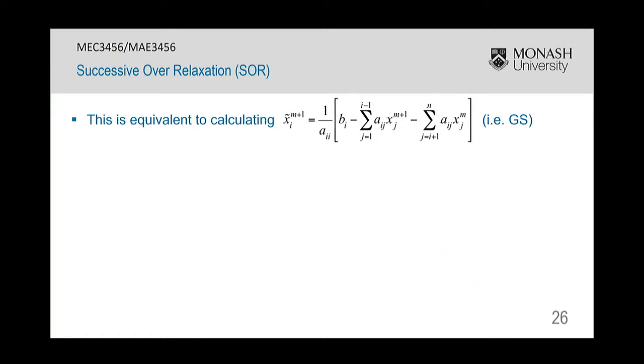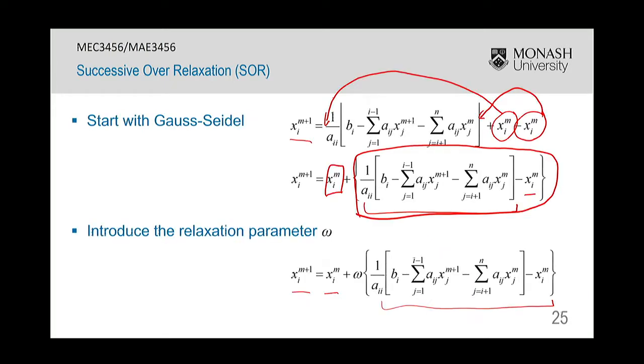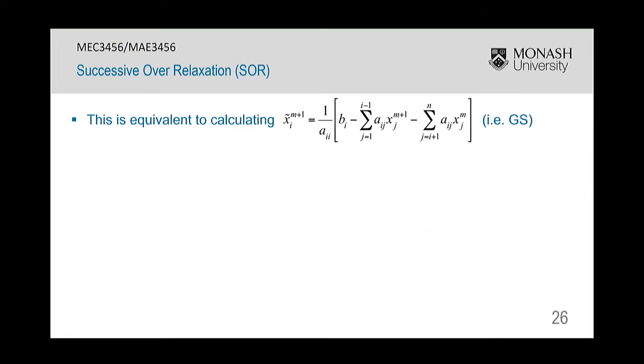Okay, so this expression that we've got here at the bottom of the page is equivalent to the following. It's equivalent to calculating the Gauss-Seidel iteration. I'm just going to call the Gauss-Seidel iteration, for the purposes of this small description here, xim plus 1 tilde. So we know that that's what we would get for xim plus 1 if we used Gauss-Seidel.